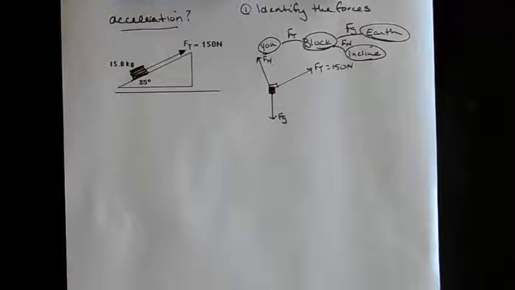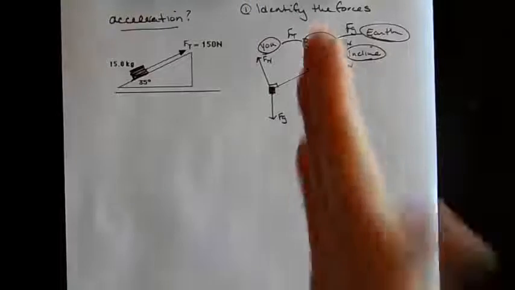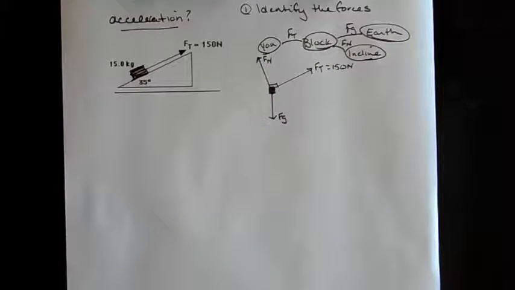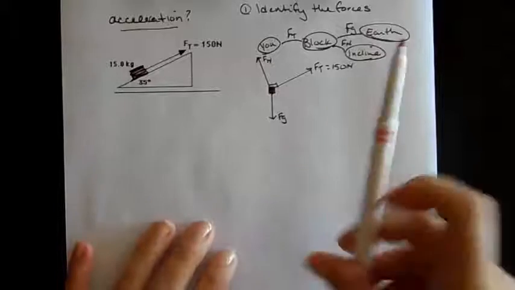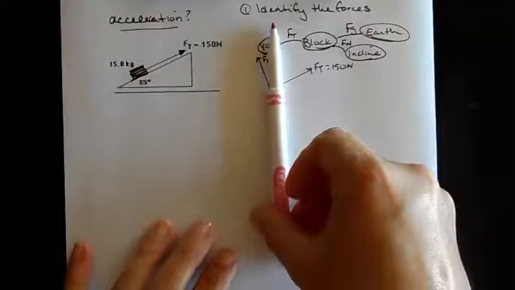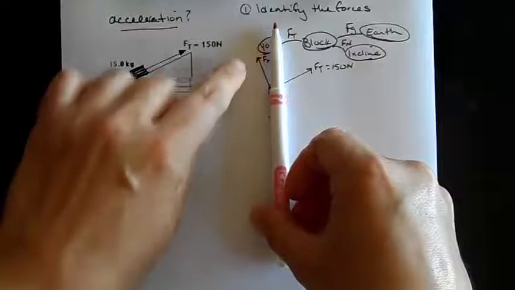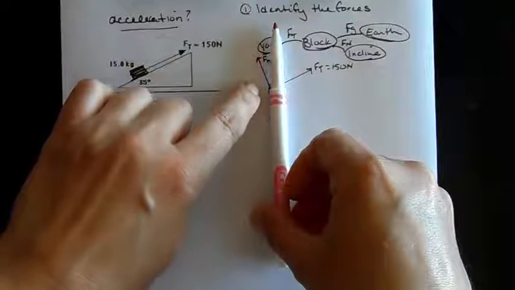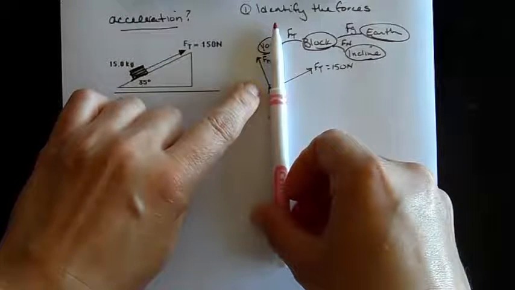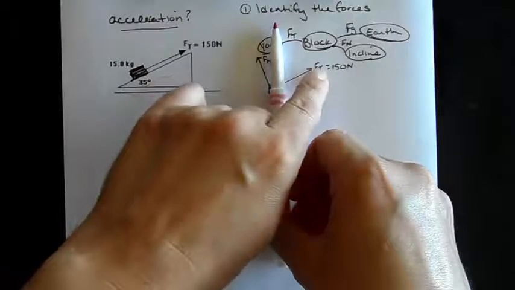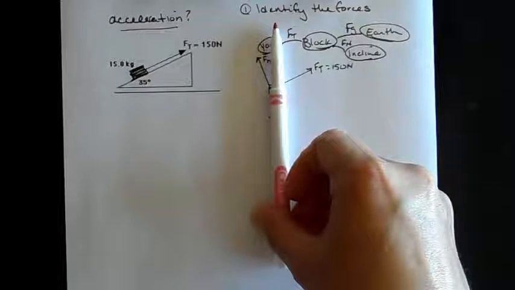Now the great thing about our coordinate system is that we can define it however we want. We can say that straight up and down is our y-axis and straight across is our x-axis. But if you notice what will happen here, if we define it this way, we're going to have a vertical component for our normal force, and also a vertical component for our tension force.